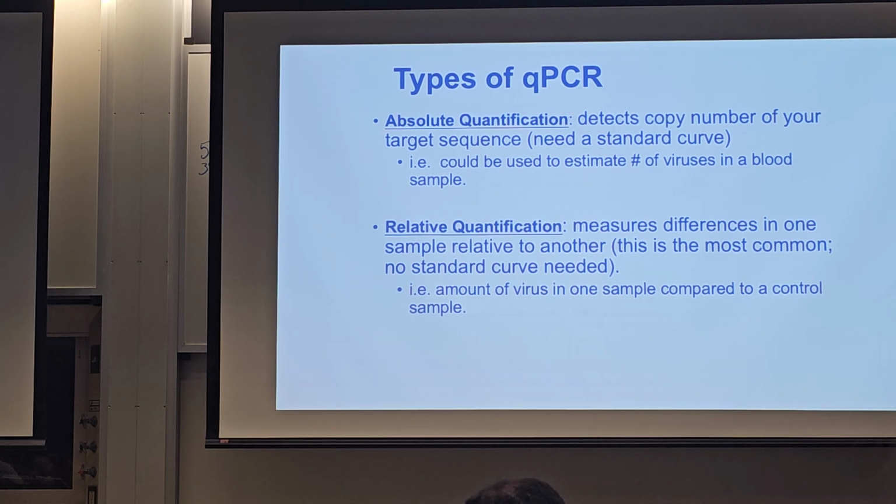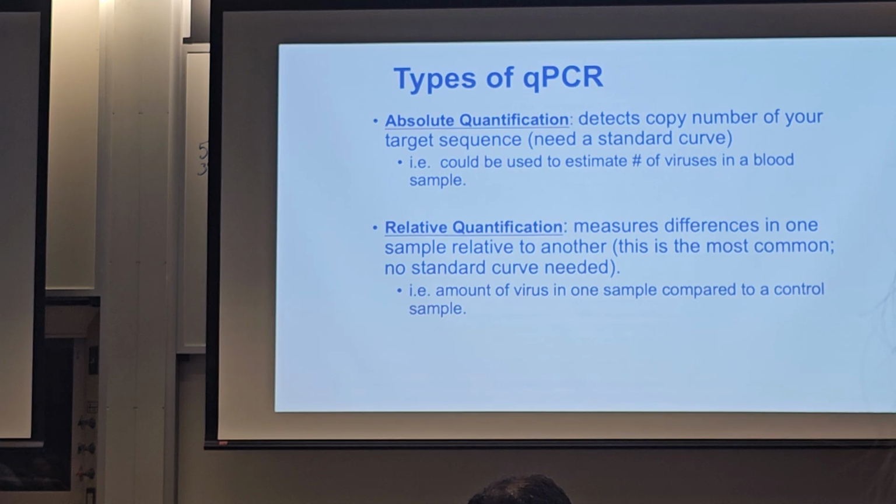Relative quantitation is mostly what you see in the literature. It's mostly what's published. In our experiment, for example, we're going to look at the expression of the PCR gene in adult mouse liver, adult mouse spleen, and adult heart. And what we're going to do is look at the relative expression in those three tissues. If we ran the appropriate controls, we could also do absolute quantitation, but mostly people don't do that.